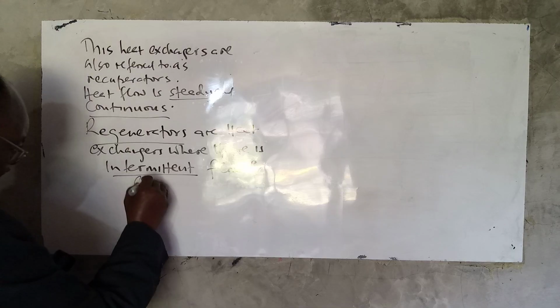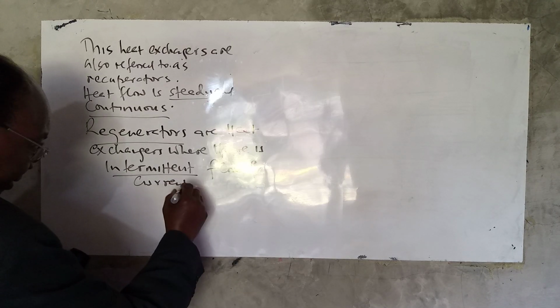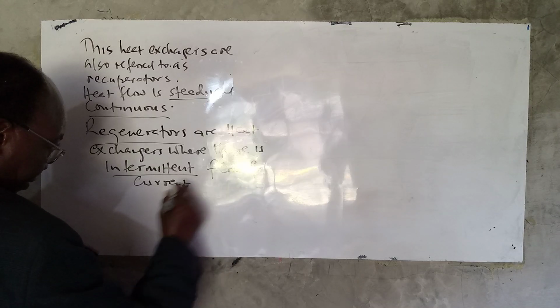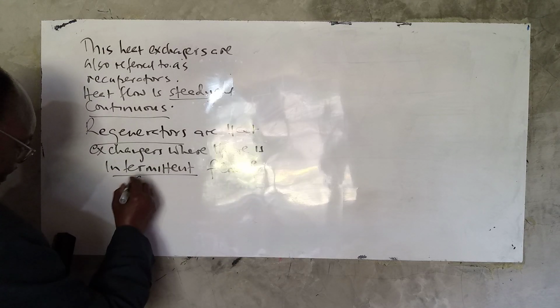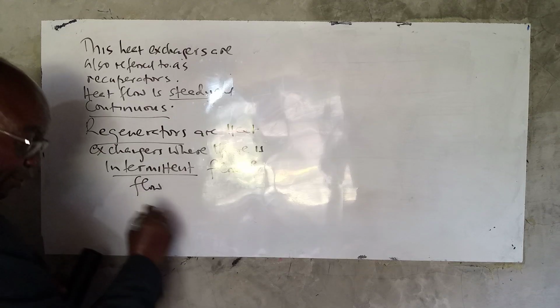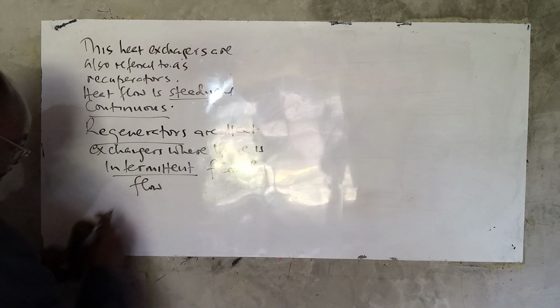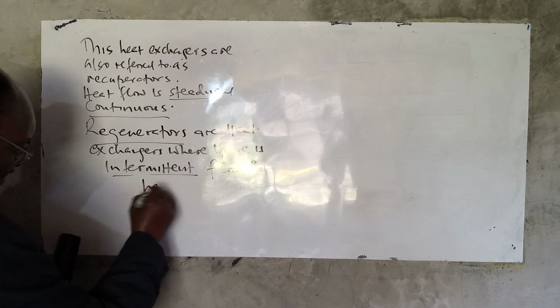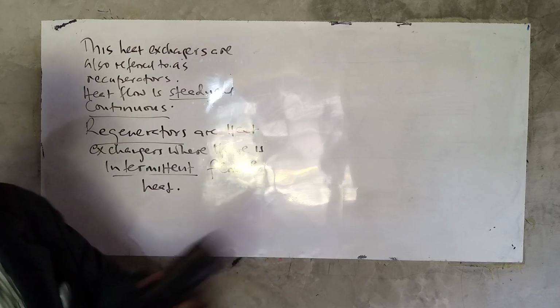In other words, the flow of heat, unlike in the recuperators, which is steady and constant, is intermittent. I talked about the distributor and thought about current, but I mean flow of heat. So in other words, it breaks on and off.